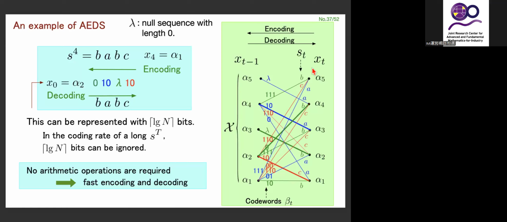You mean that in the encoding we... Yes, this direction is the reading. Yes, reading of symbols. In the encoding, we read the source symbol from the last symbol to the first symbol, and we move the state from the right side to the left side. How about the direction of writing the code word? Writing. Right to left, or left to right?